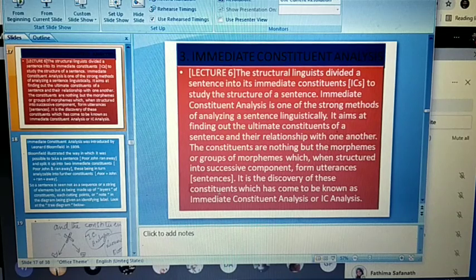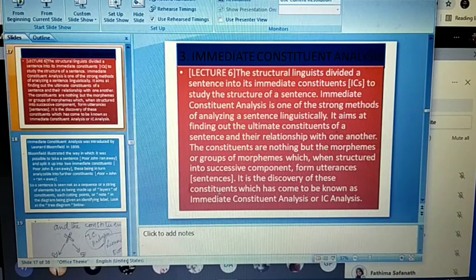Very simple. Immediate constituent analysis is a kind of syntactic approach or method in which the linguists or grammarians look forward to the ultimate constituent. What is the last independent item you can reach in a sentence?